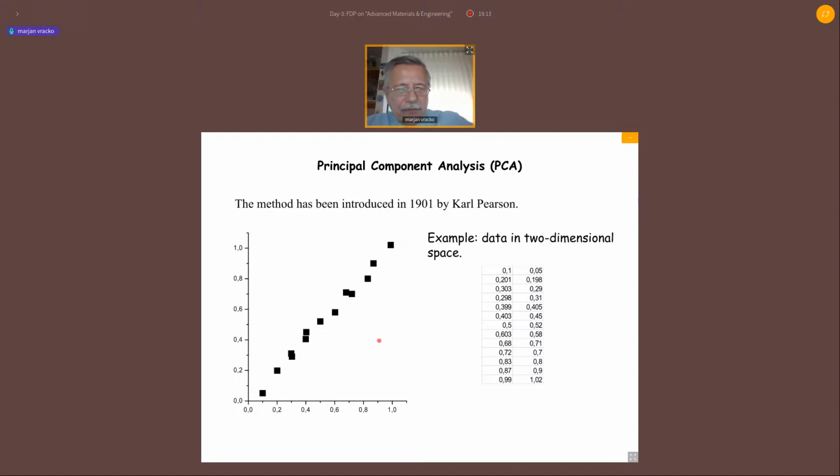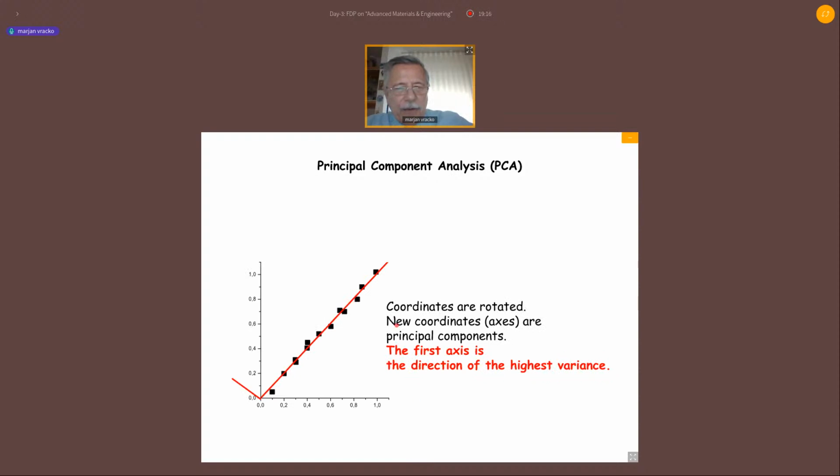So what we are doing, we can rotate our coordinate system in this direction, and so put our axis in the direction of the highest variance.